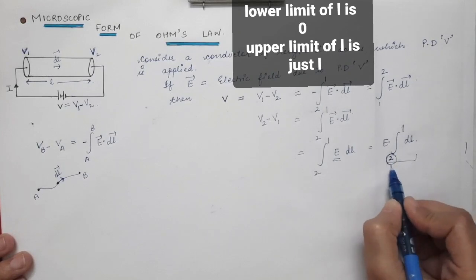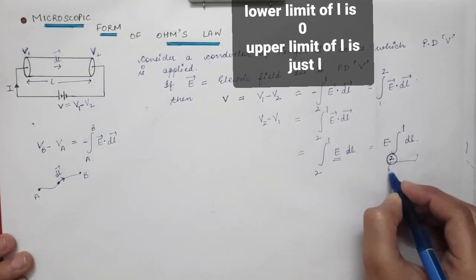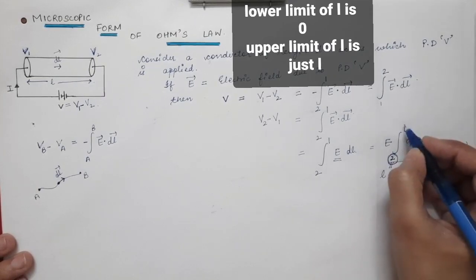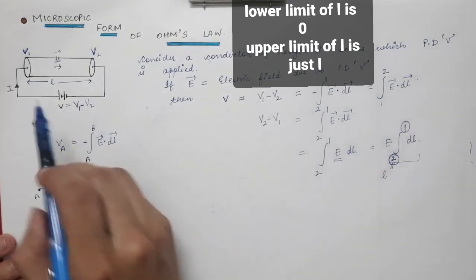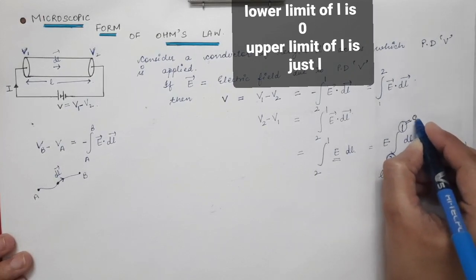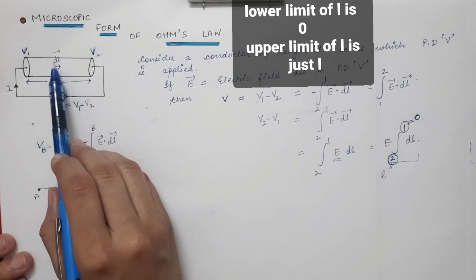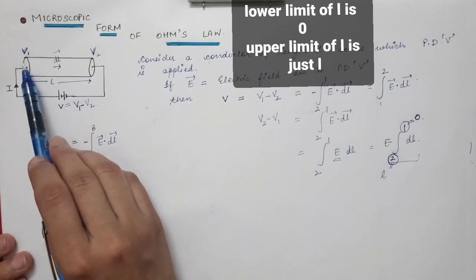Now at the second end the length is equal to L, and at the first end of the conductor the length is equal to 0.